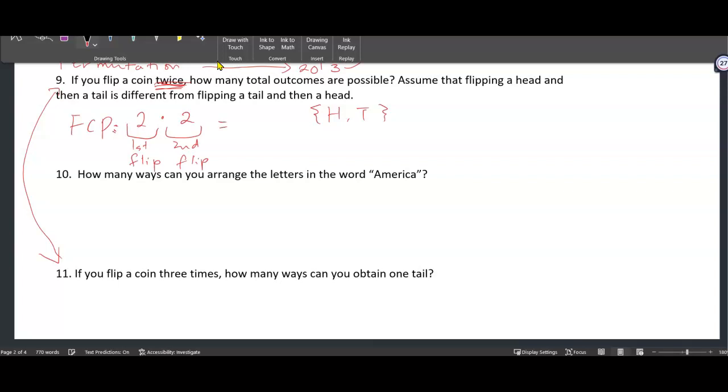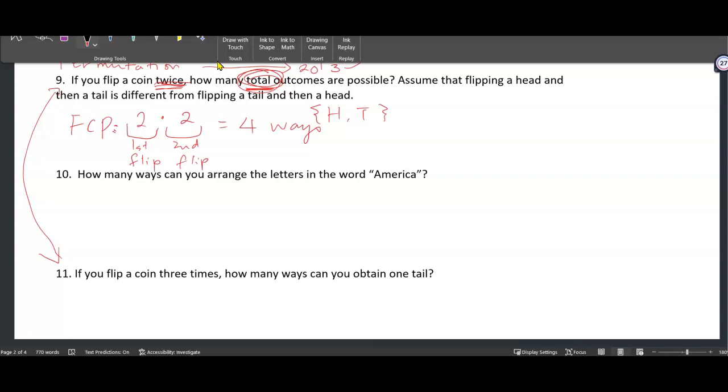So your total number of outcomes by fundamental counting principle is 4 ways. Okay, and remember the word total here is very important. The only way to count the total number of ways for flipping a coin or anything that has 2 outcomes is fundamental counting principle.